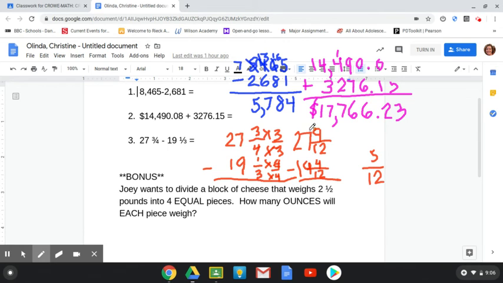But I still need to subtract 19 from 27. If I have 7, I can't take away 9, so I cross out the 2 and make that a 1. Cross out the 7 and make that a 17. 17 take away 9 is 8. And then 1 take away 1 is 0, and I don't really need the 0 in the front. So my answer is 8 5/12.